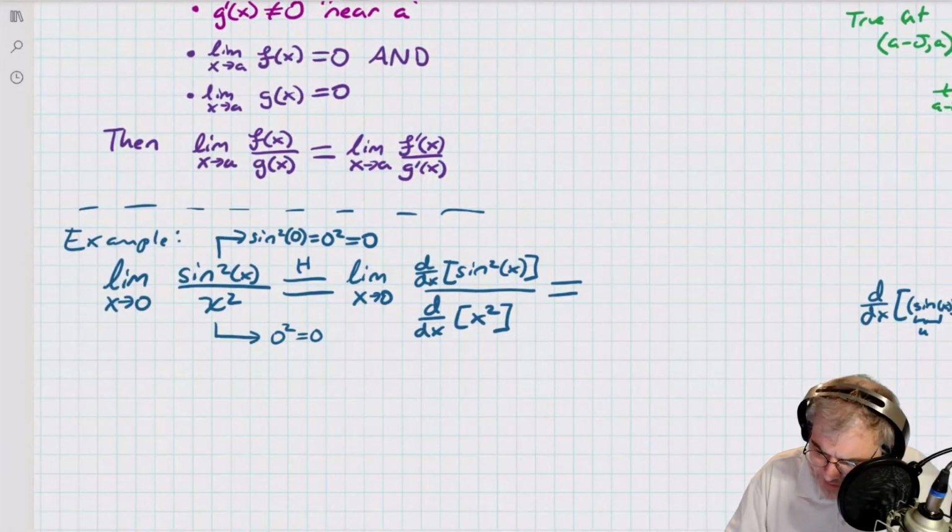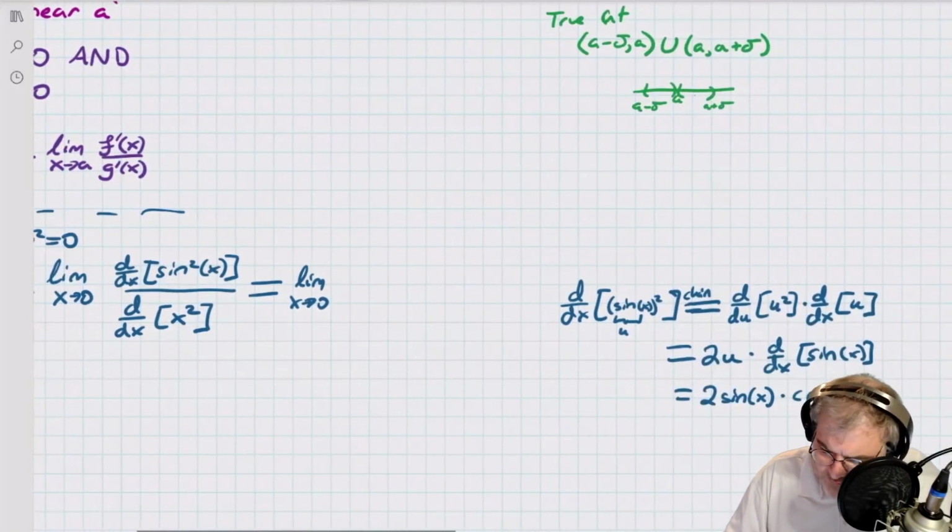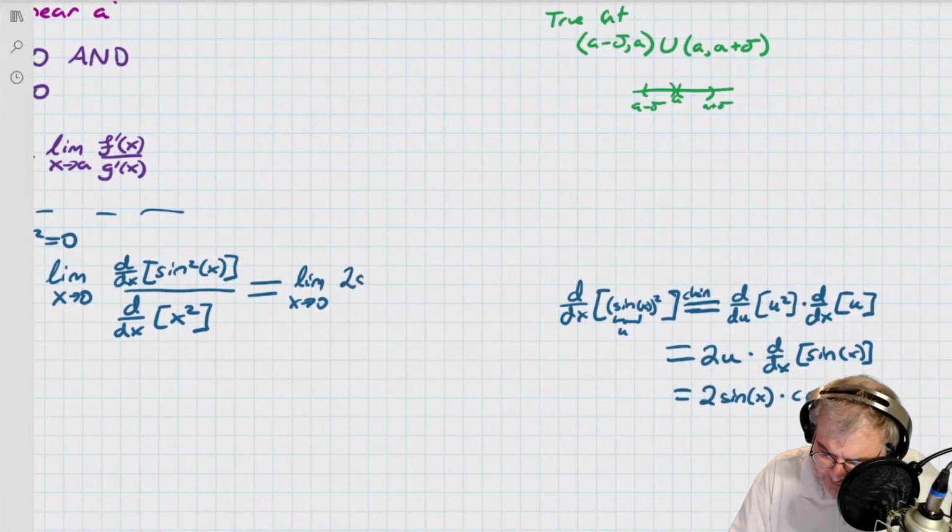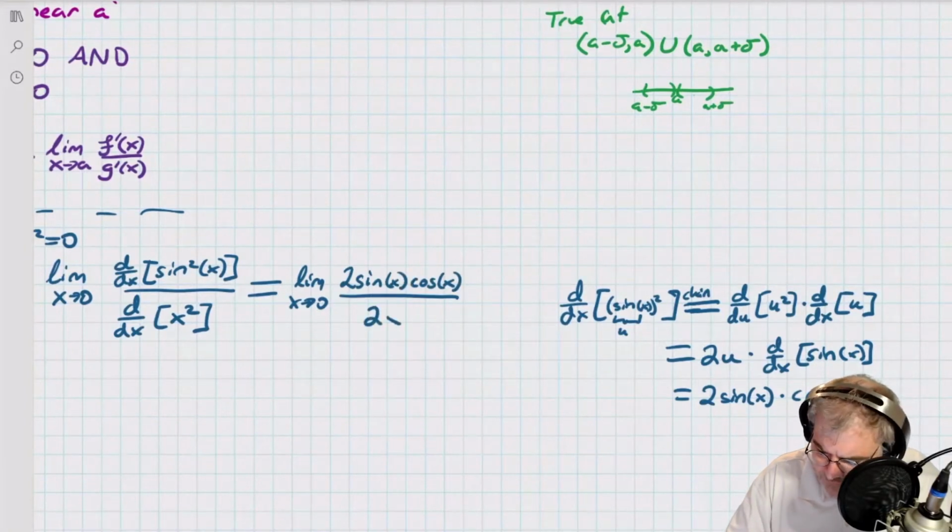So on top, I'm going to have the limit. Notice I have to keep that limit around of 2 sine x cosine x all over 2x.